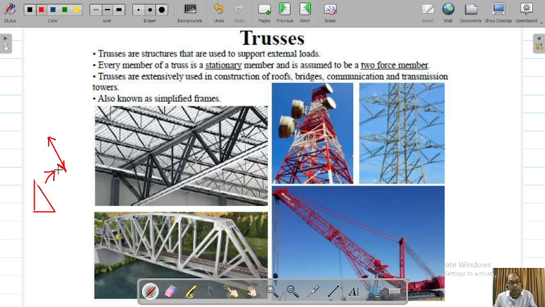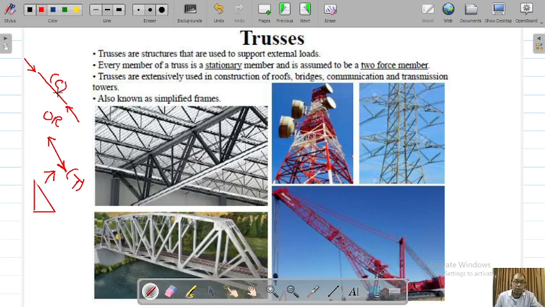The forces can either be tensile, or the forces could also be compressive. So here you say tensile, and here you say compressive forces.